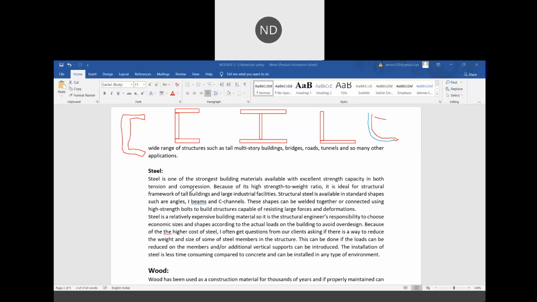Steel members like cylindrical steel pipes, then angle sections, or maybe a channel section combined together with the I section, and then they are used to form a structure. Those are your steel structures.